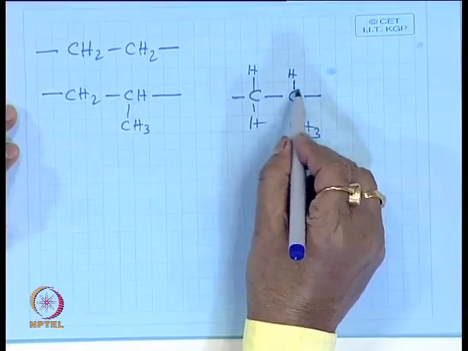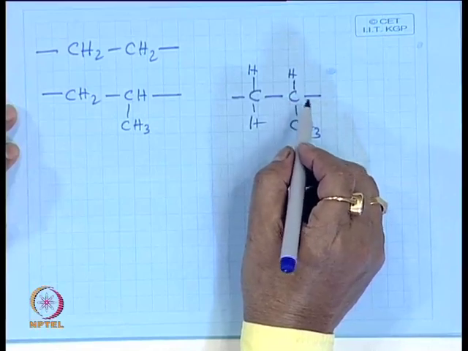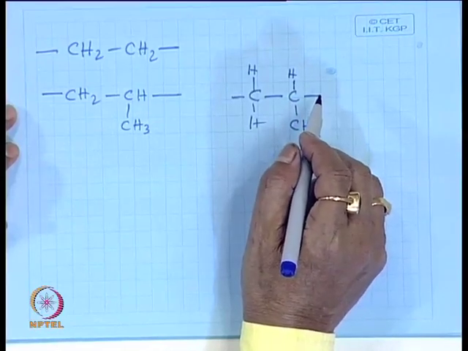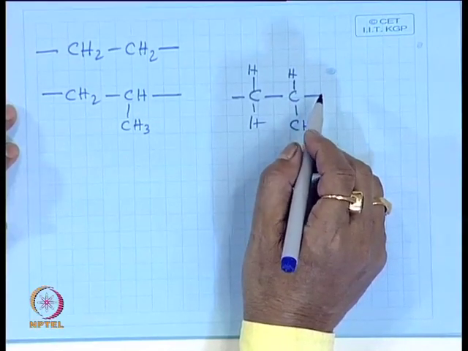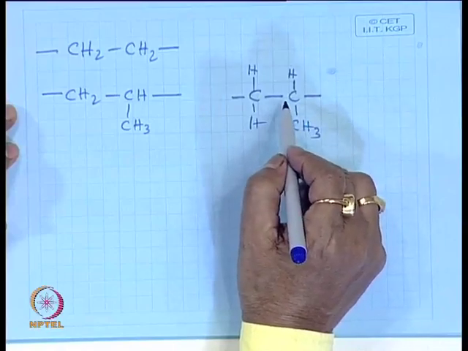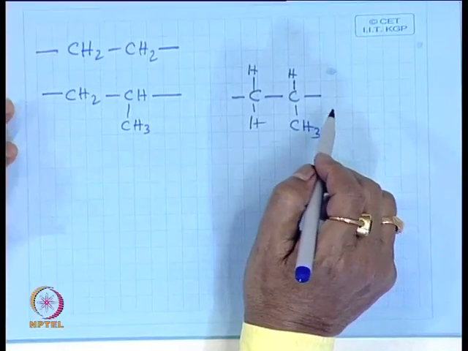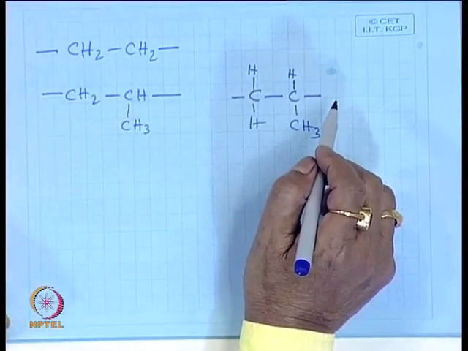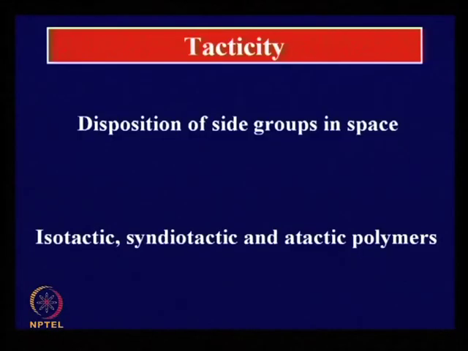This center is asymmetric, known as a chiral center. That means each and every carbon is different from the others. So, this leads to isotactic, syndiotactic and atactic configurations.